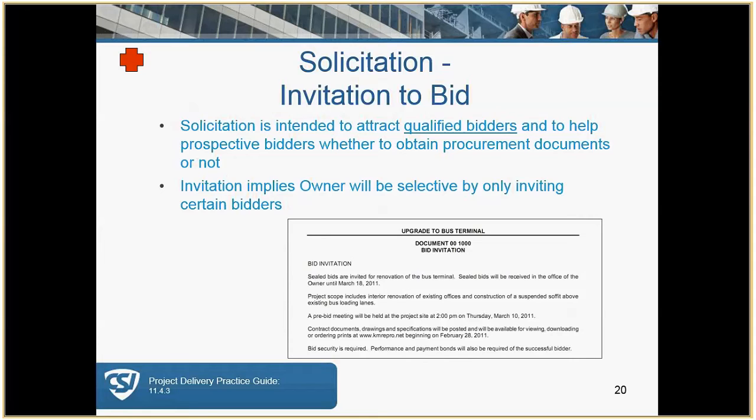Keep in mind that a contractor incurs a lot of cost to bid a project. So an invitation is basically to give them enough information to determine whether they really want to spend the time to acquire and review the documents.